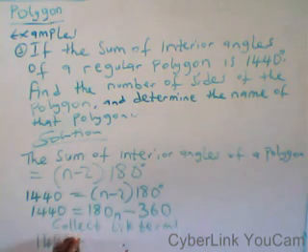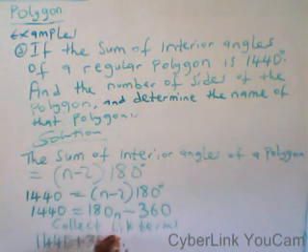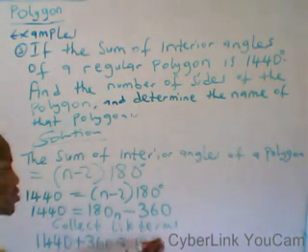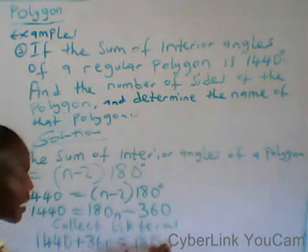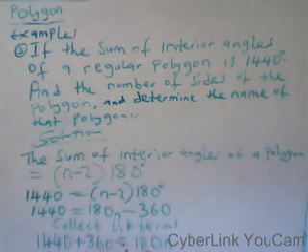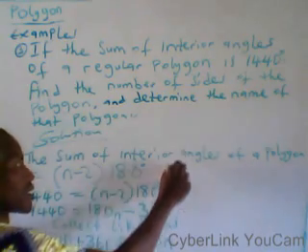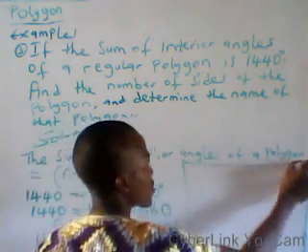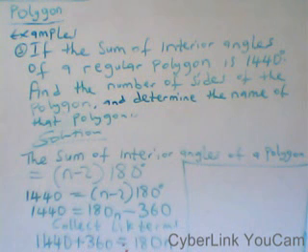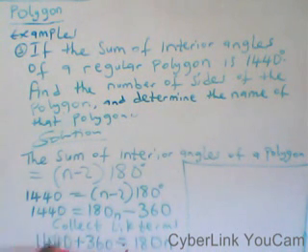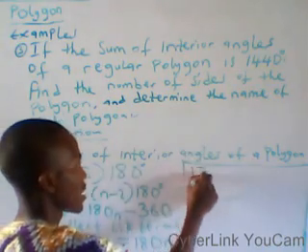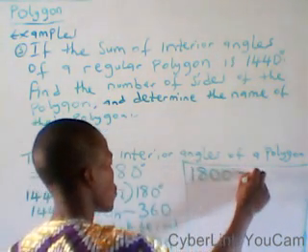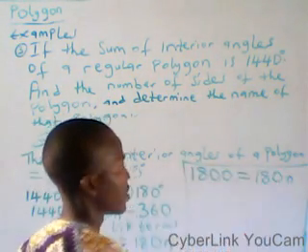Crossing to the other side returns to plus. 360 is equal to 180n. Now from here, we can easily say that 1440 plus 360 will give us 1800. 1800 is equal to 180n.